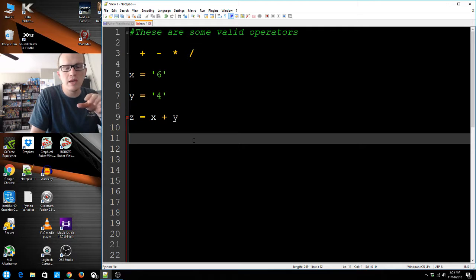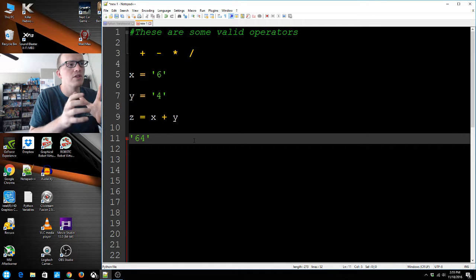Z is going to be equal to the string of 64. And remember, to the computer, a string is nothing more than two shapes. The string 64 is nothing more than two shapes sitting next to each other. There's no value. It just knows that it's equal to that.